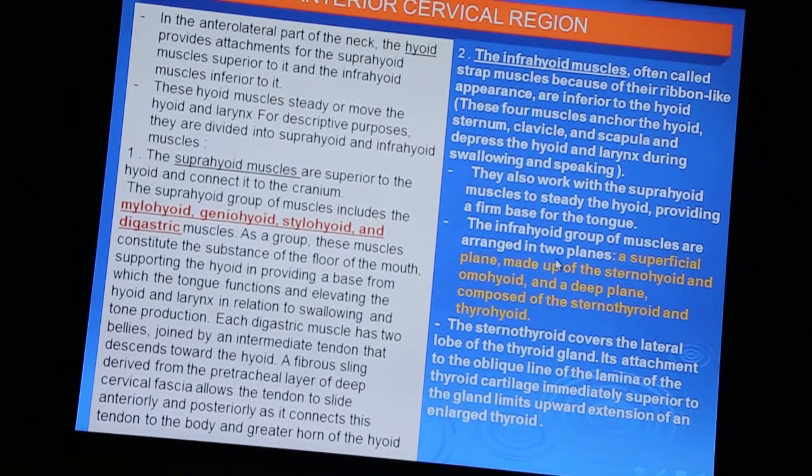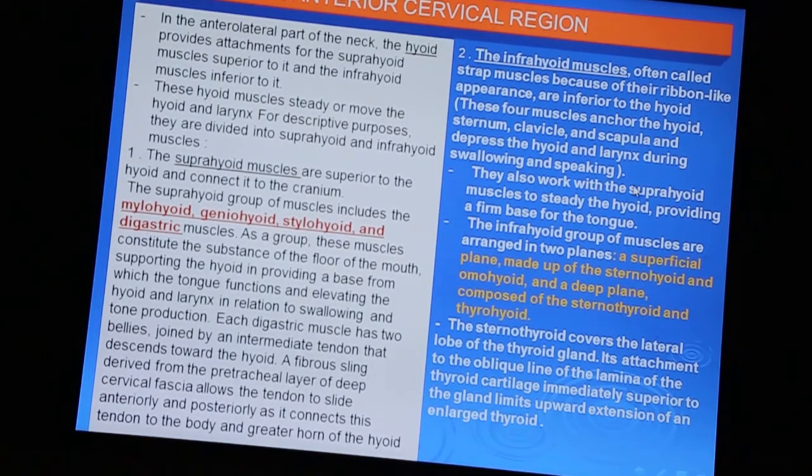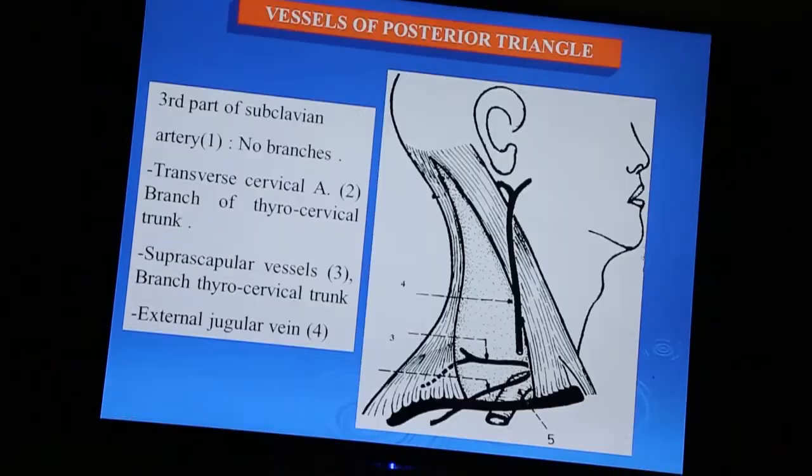The infrahyoid muscles are called strap muscles because of their ribbon-like appearance. These four muscles anchor the hyoid to the sternum, clavicle, and scapula, and depress the hyoid and larynx during swallowing. They work with the suprahyoid muscles to steady the hyoid bone.